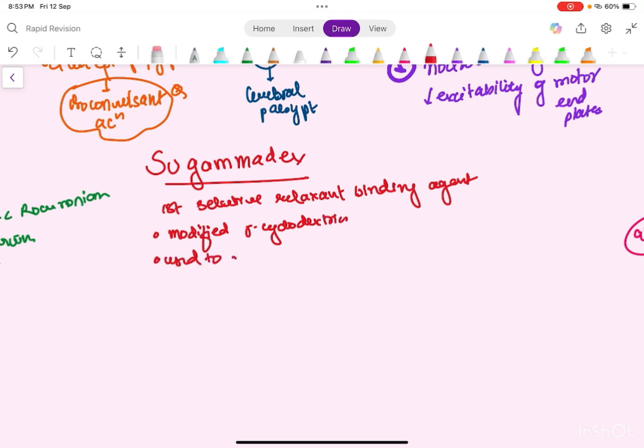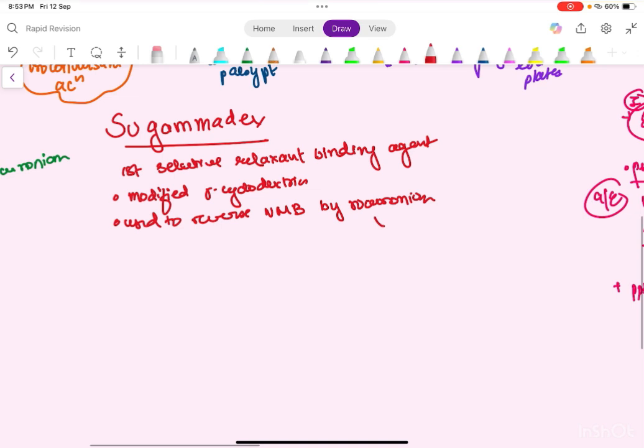It is used to reverse neuromuscular blockade by rocuronium. Basically it encapsulates it and blocks the action to neuromuscular receptor at NMJ.